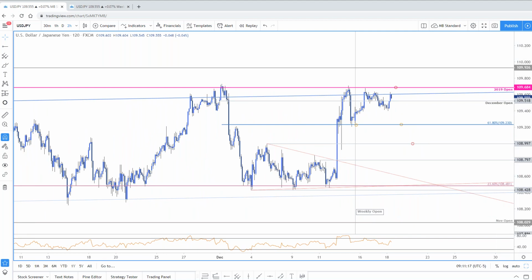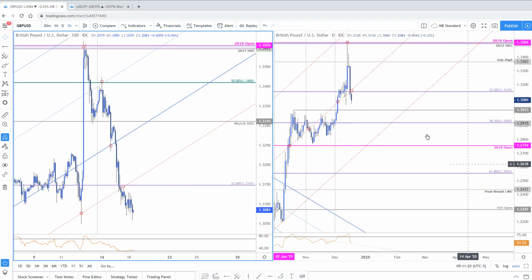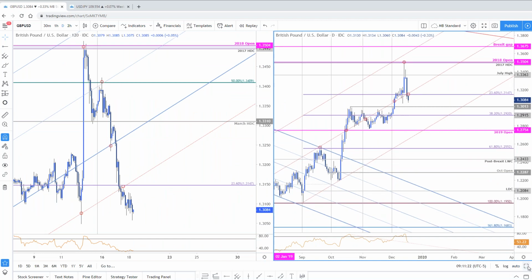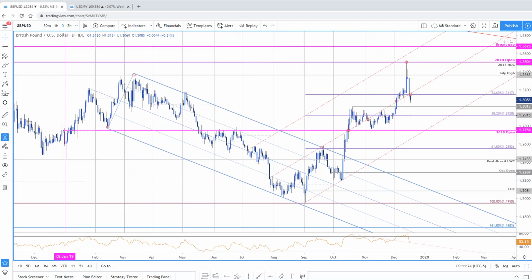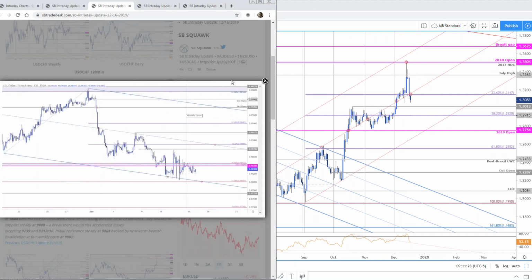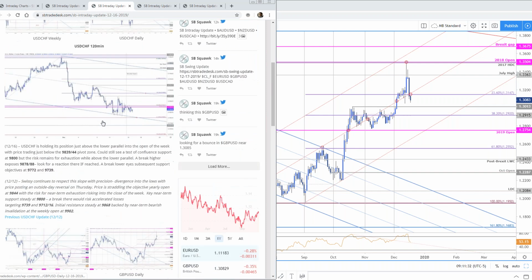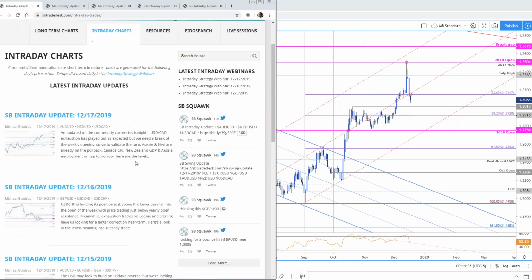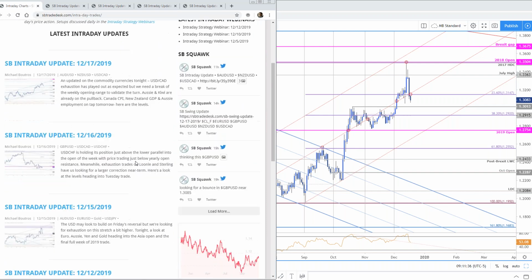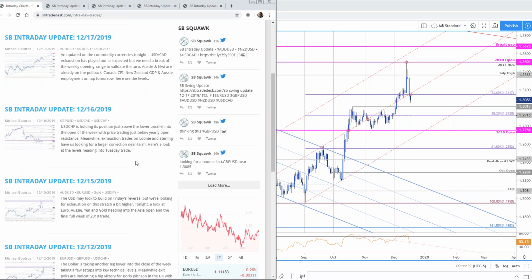All right, and last but not least, here's the British pound. So finally, really nice play here. This is also one that we talked about earlier in the week. And here's what it looked like into the close of last week.